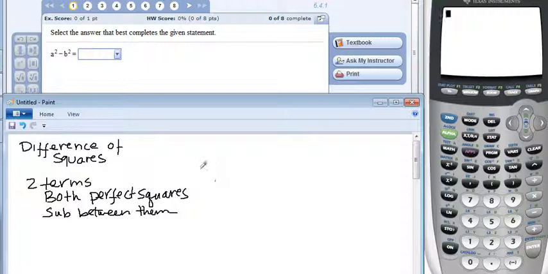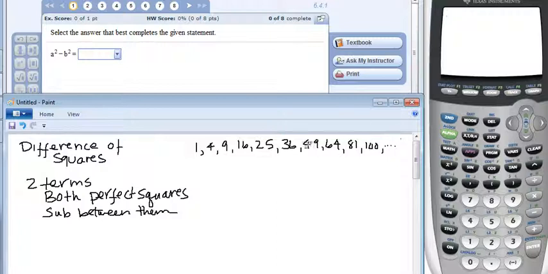All right, so let's get a list of what our perfect squares are. For numbers, we have 1, 4, 9, 16, 25. What am I doing? 1 times 1, 2 times 2, 3 times 3, 4 times 4, 5 times 5, 6, 7, 8, 9, 10.